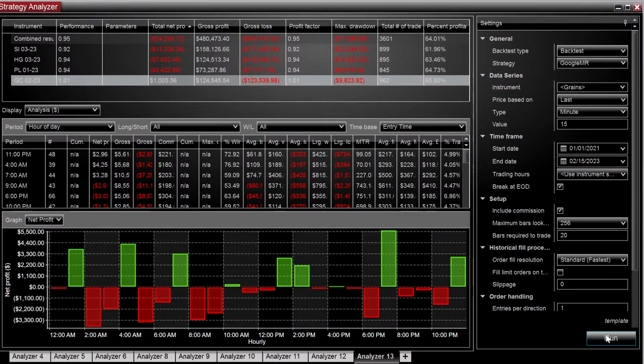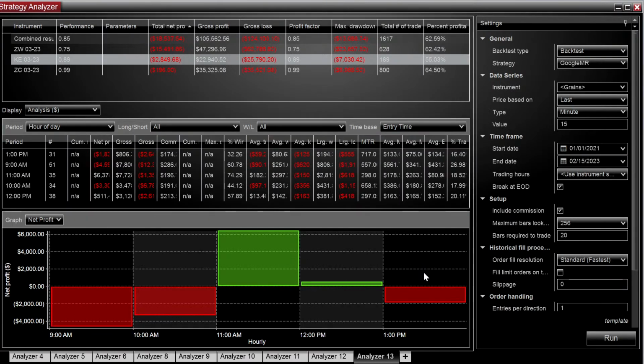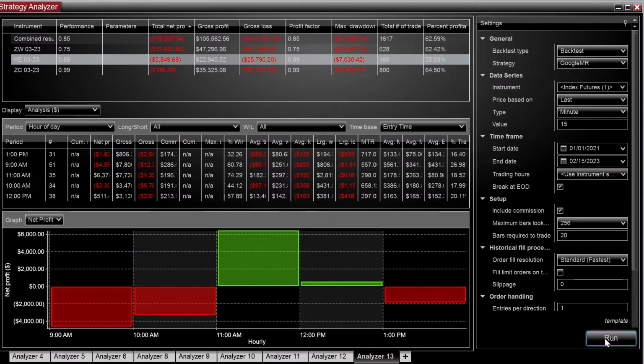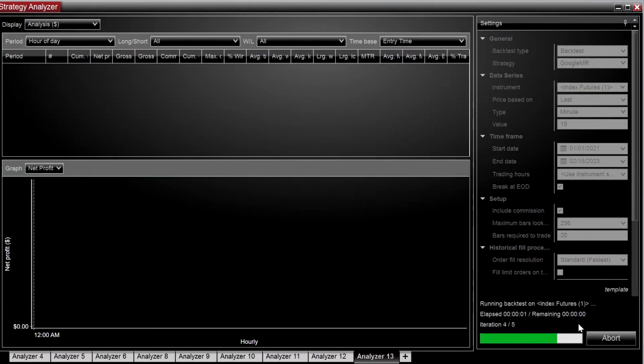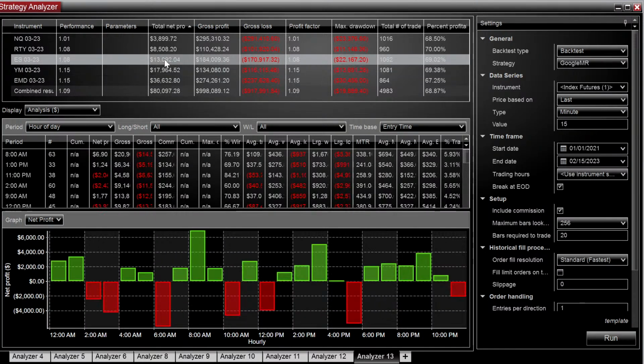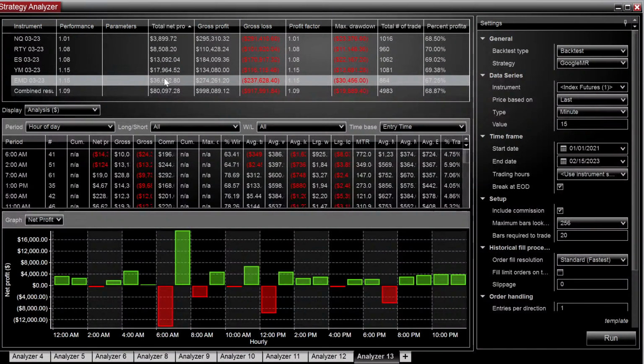What about a few of the grains? And no good on the grains. So yeah, I might want to potentially look into taking out that 6 a.m. hour.